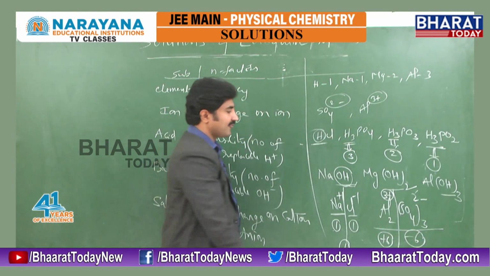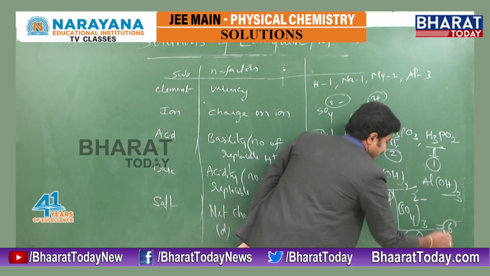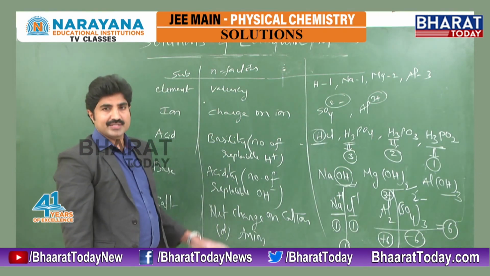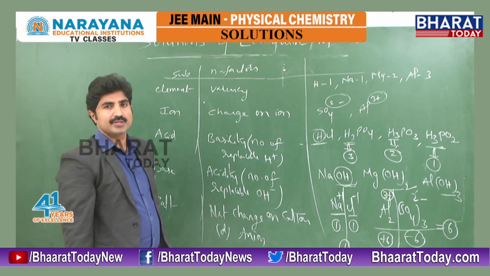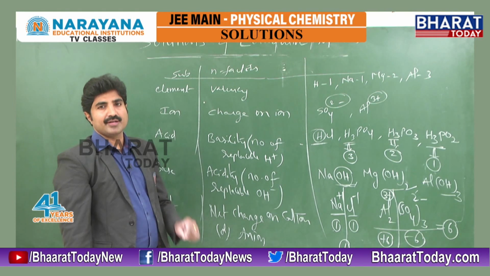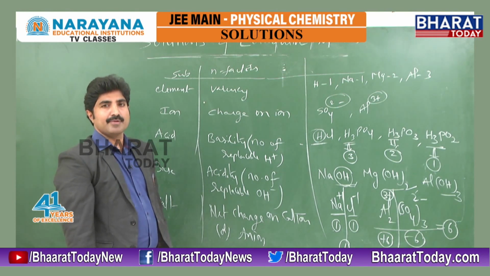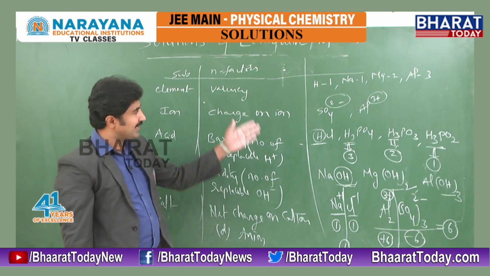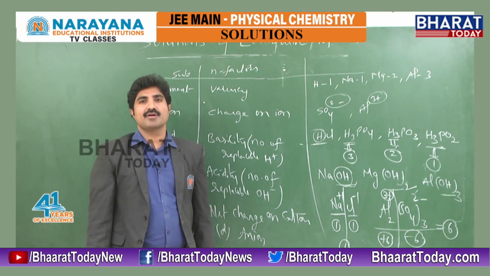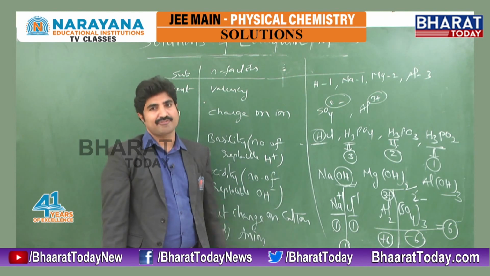Therefore for aluminum sulfate, what is n factor? 6. Like this, in every case there is a definite n factor. Based on these n factors, we can find out gram equivalent weight of the substances. Gram equivalent weight of the substance is equal to gram formula weight of that substance by corresponding n factor. Anyway, to calculate number of equivalents, we need this n factor.